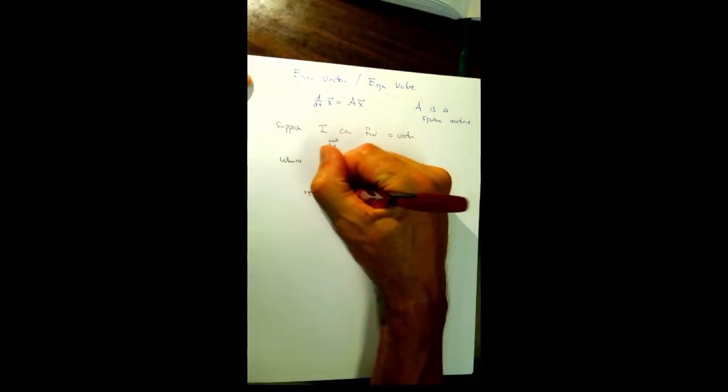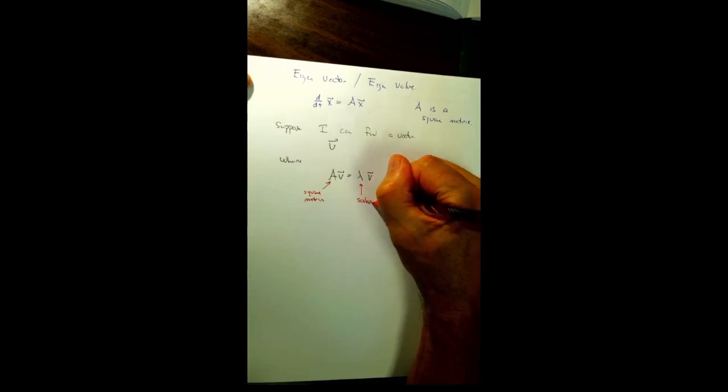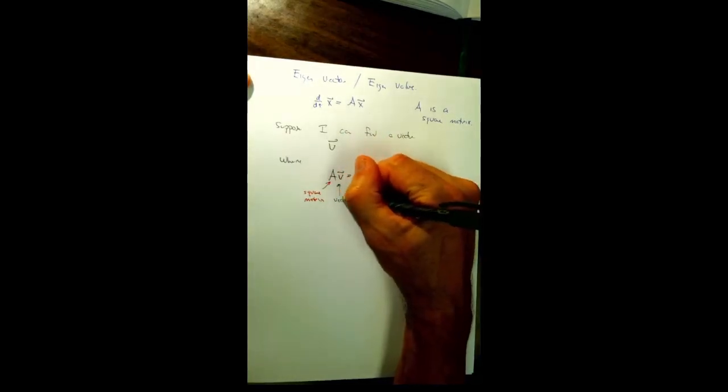So this is a square matrix. This is a scalar number, so just a single number. And these v's are vectors.